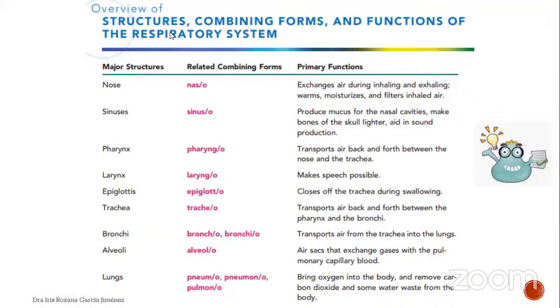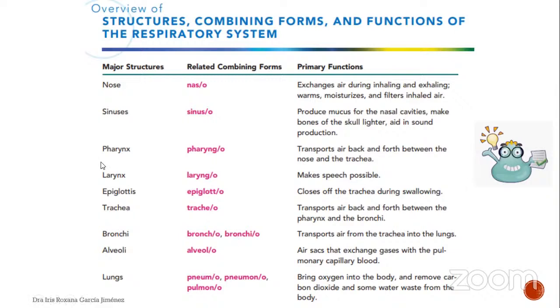Let's go with this first chart, the overview of structures, combining forms and functions. Of course, functions are for you, for checking at home all the specific vocabulary, making a description of every major structure. Take it into account, please. It's very important.